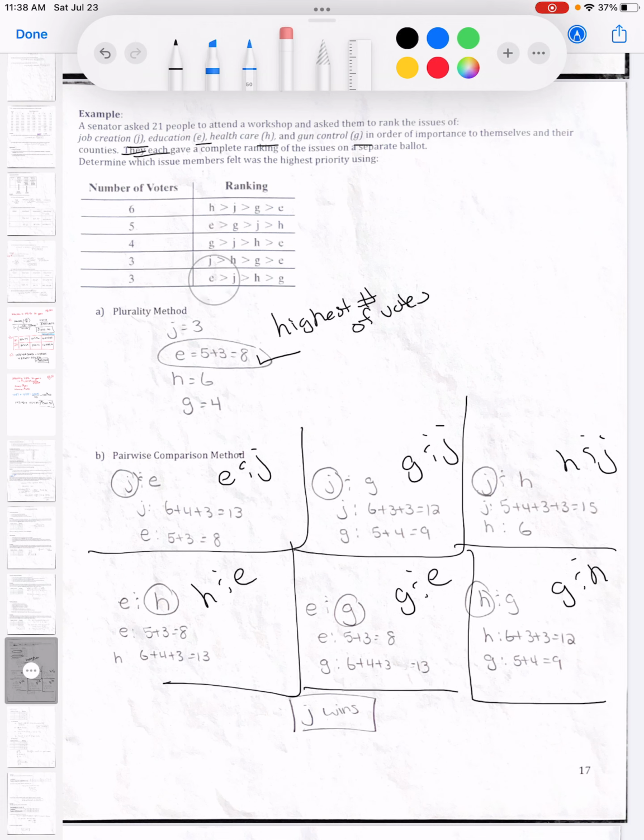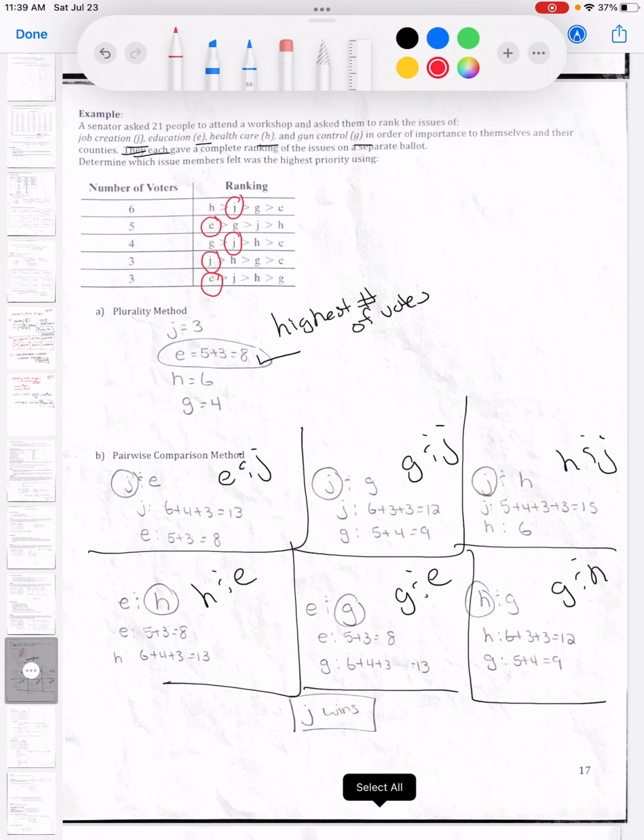So I'm going to talk through a couple of these pairs to make sure that you can see it. If I'm comparing J and E, I only worry about J and E. So here I'm going to circle the first one that I see each time. Just J and E, nothing else. I don't worry about anybody else.